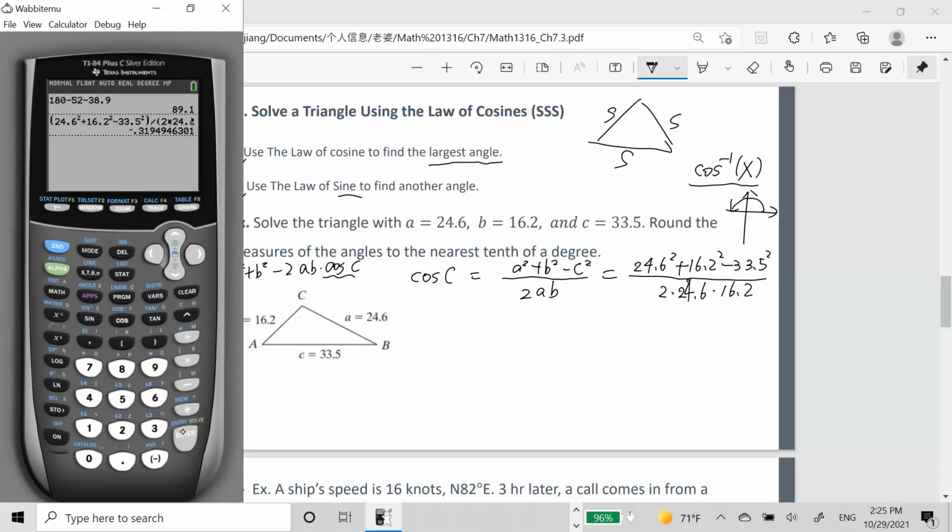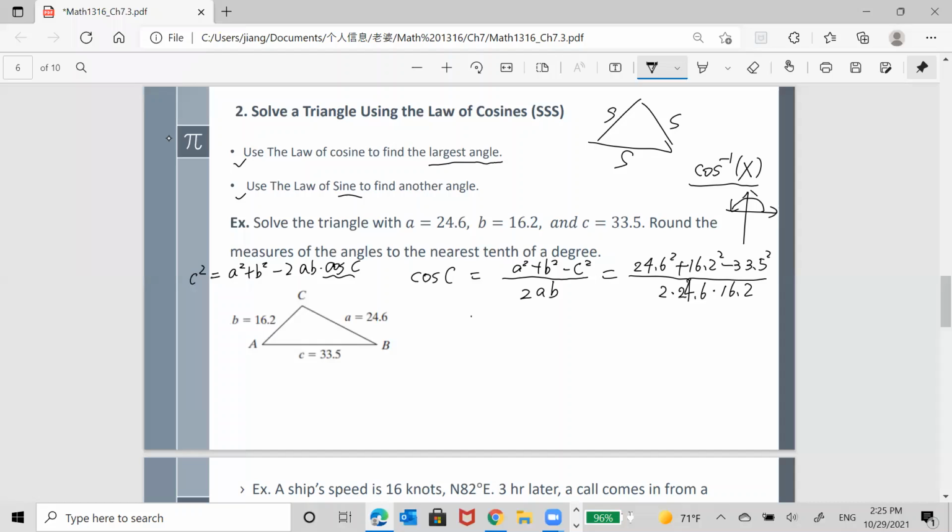This is a negative value for cosine C. That's normal. So cosine C is about negative 0.3195, because we keep 4 decimals.